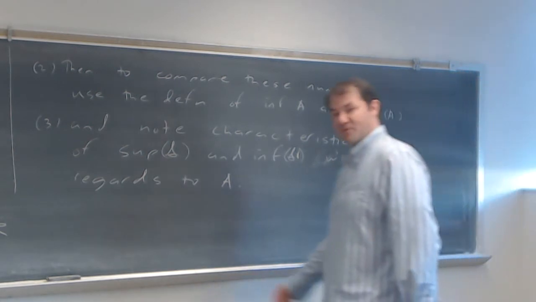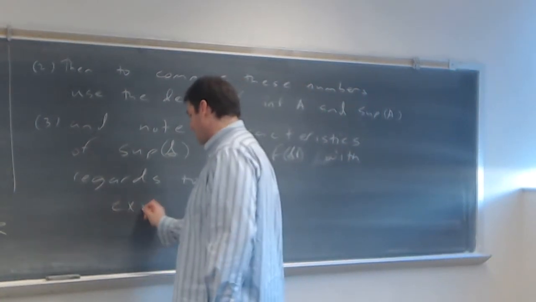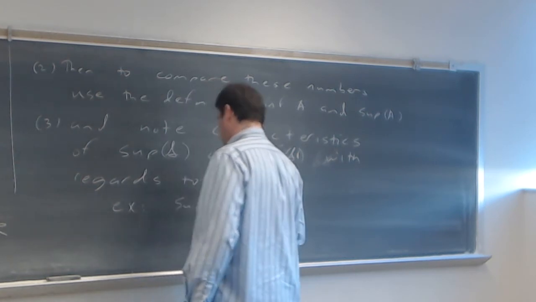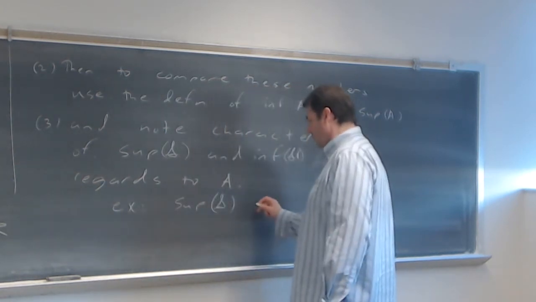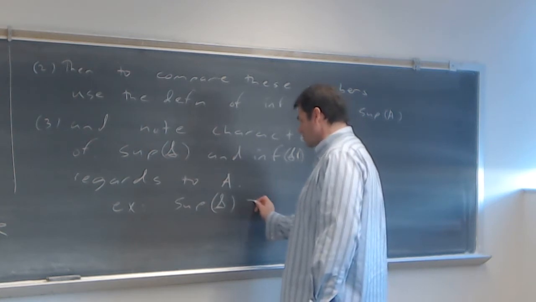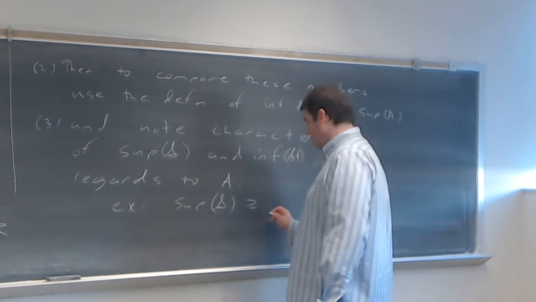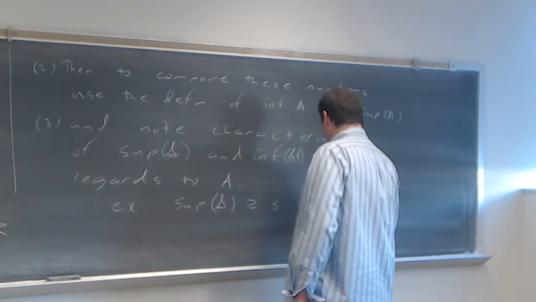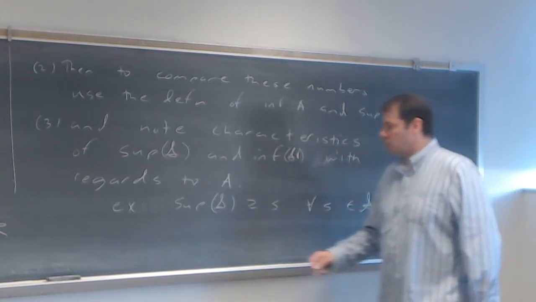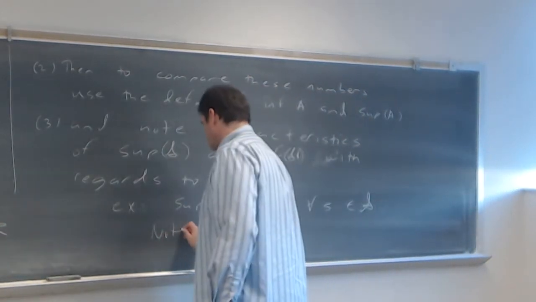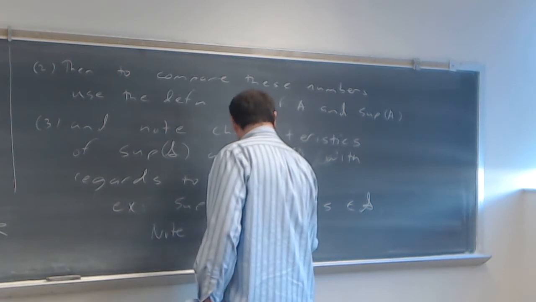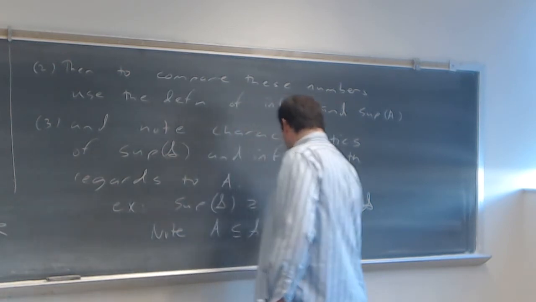In particular, or for example, here's what I can tell you. If you look at the sup of S, this is the least upper bound. So it's going to be greater than or equal to s for all little s in the script S. Note, A is a subset of script S. So what does that mean?